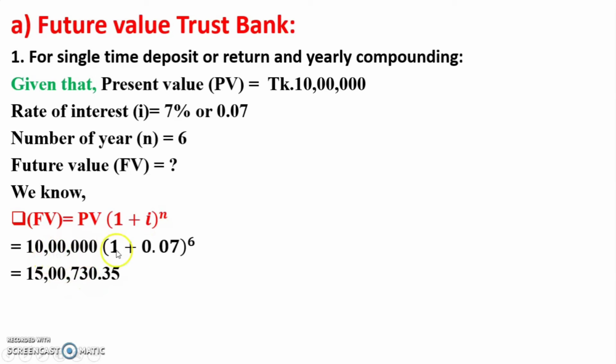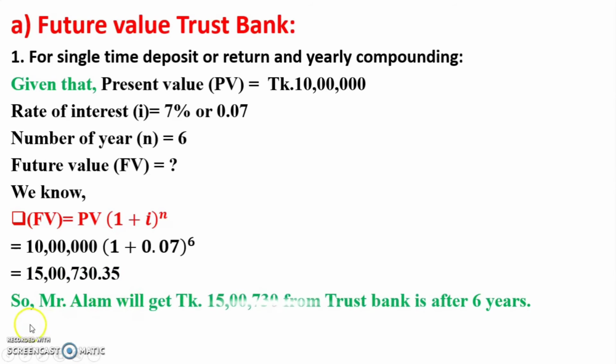Now we put the values in the formula and calculate, and we find the future value is taka 15 lakhs 730.35. So Mr. Alam will get taka 15 lakh 730 from Trust Bank after 6 years.